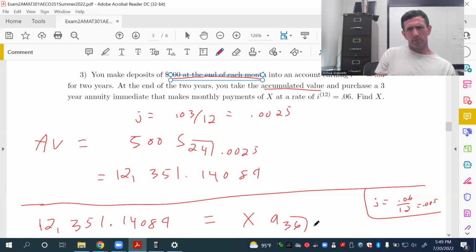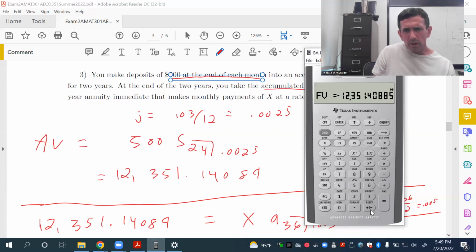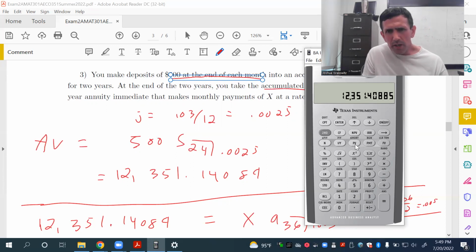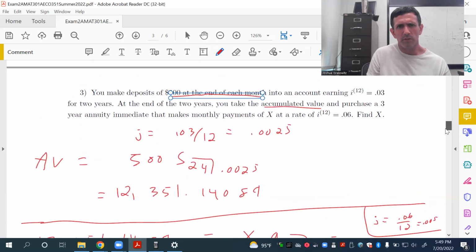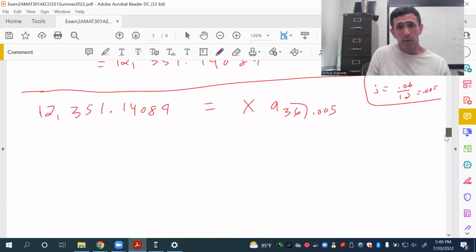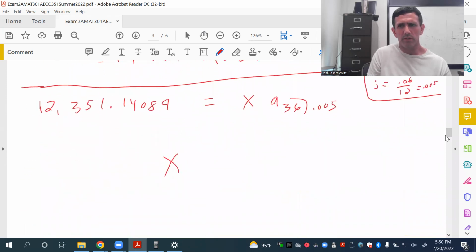So a 36 at 0.005. All right, this amount is right here, so I don't even need to store it. So this is my present value, 36 N, 0.5% interest, compute payments, 375 and 75 cents. Those are my payments, the payments that I'm getting from this annuity.